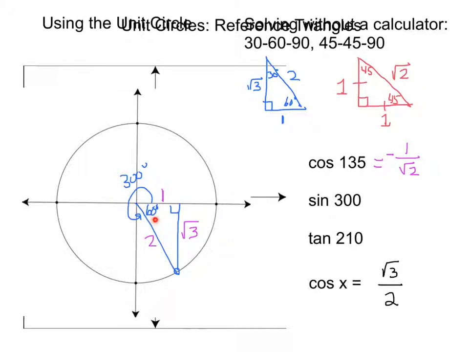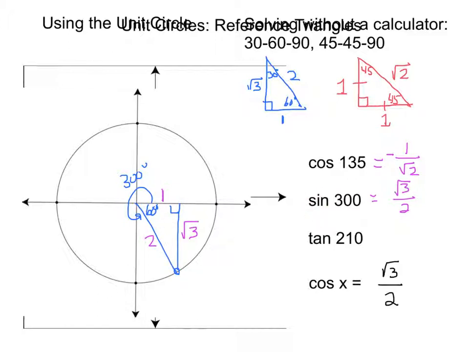Now it's just a trig problem. So sine is what? Opposite over hypotenuse. The opposite side is root 3. The hypotenuse is 2. So your answer would be root 3 over 2. Again, sine is opposite over hypotenuse.